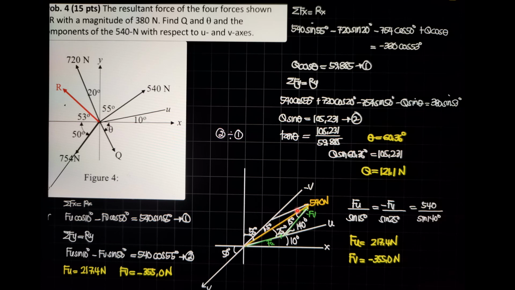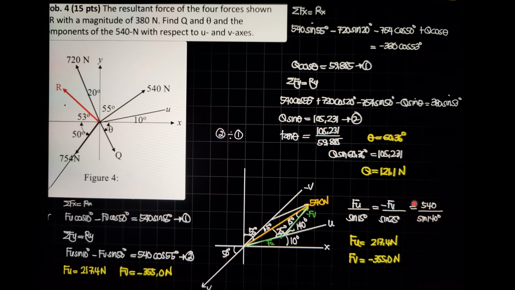So considering this triangle here, by law of sines, this is FU and this is negative of FV. So by sine law, FU over sine 15 degrees equals negative FV over sine 25 degrees equals 540 over sine of 140 degrees.